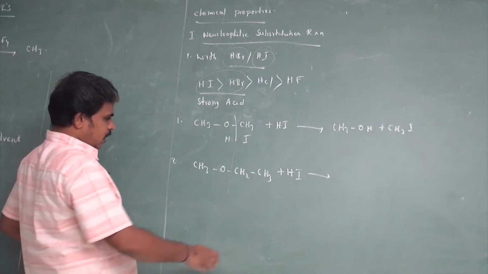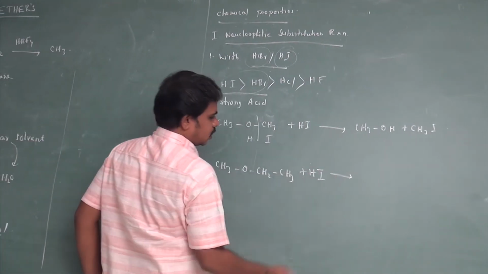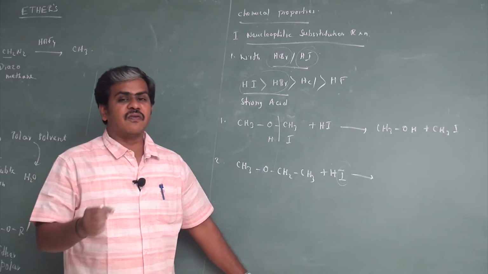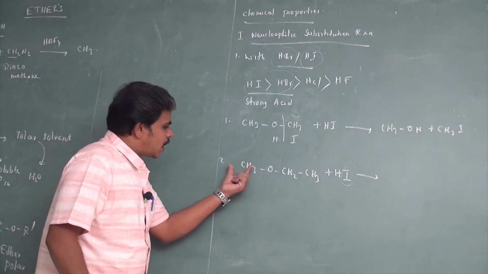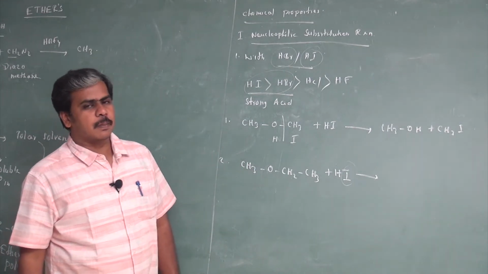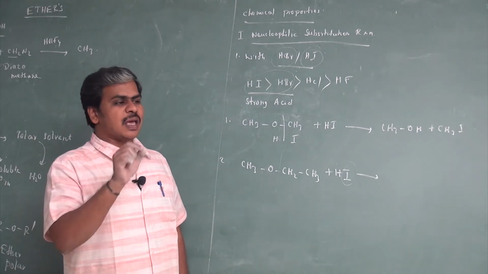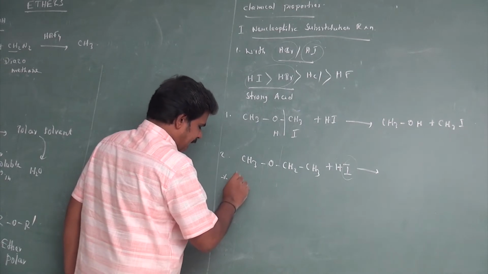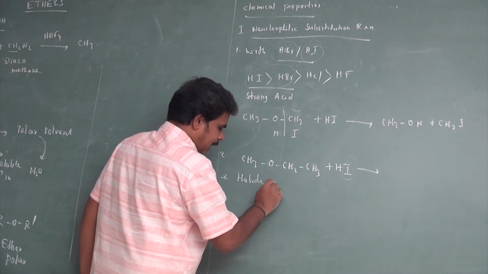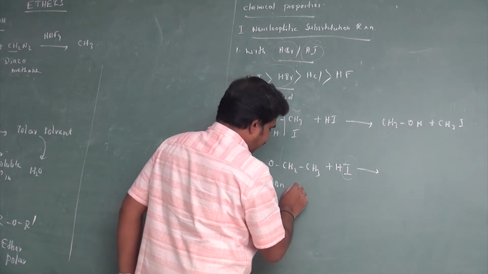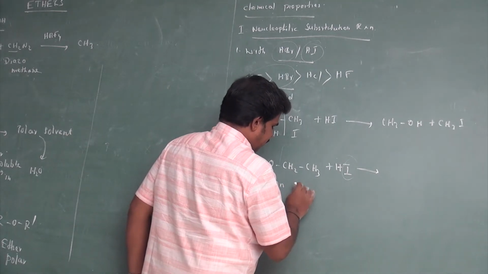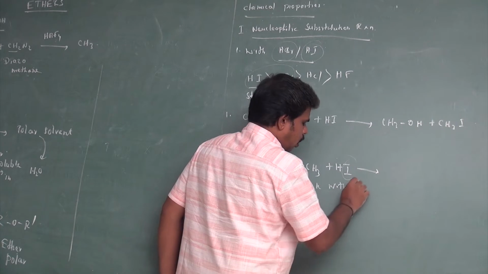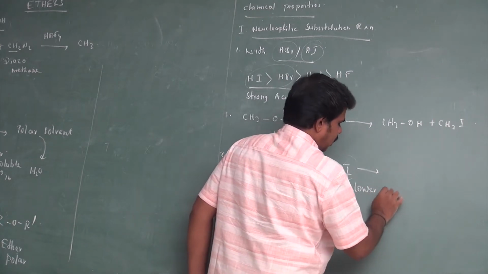So make a note here, the negative part, here it is the negative part. The iodine preferentially attacks the carbon with the lower number of carbons. It is very important to note that the halide ion is preferentially attacked with the lower number of carbon.